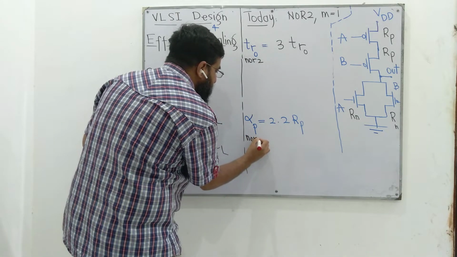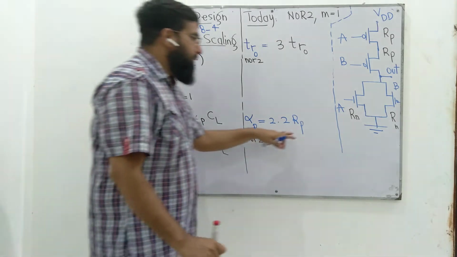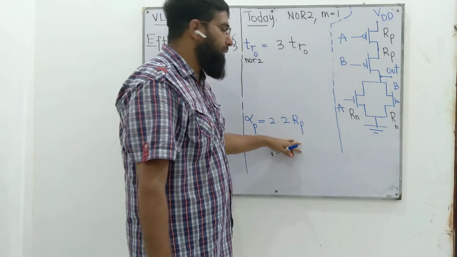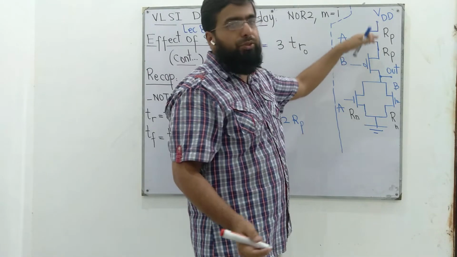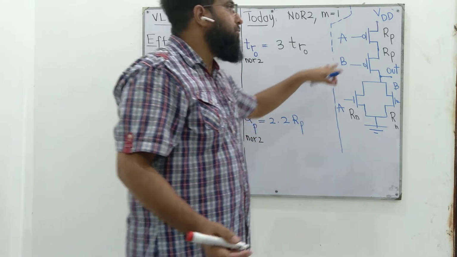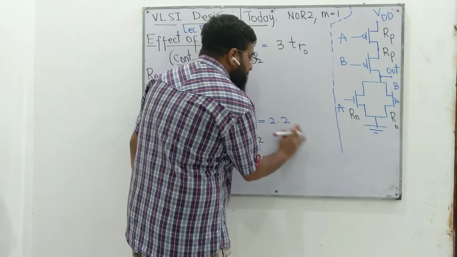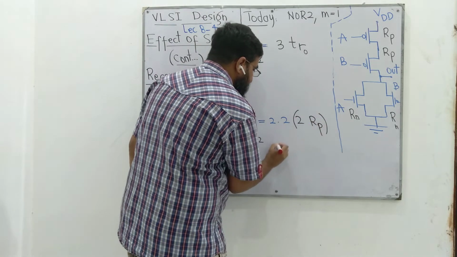What about alpha P for NOR2? How is it different from the standard M equal to 1 NOT? Here, we have already discussed, we have 2Rp instead of Rp because in the worst case, we have to have these two transistors on and these two Rps have to be in the path, increasing the resistance of the path to 2Rp.